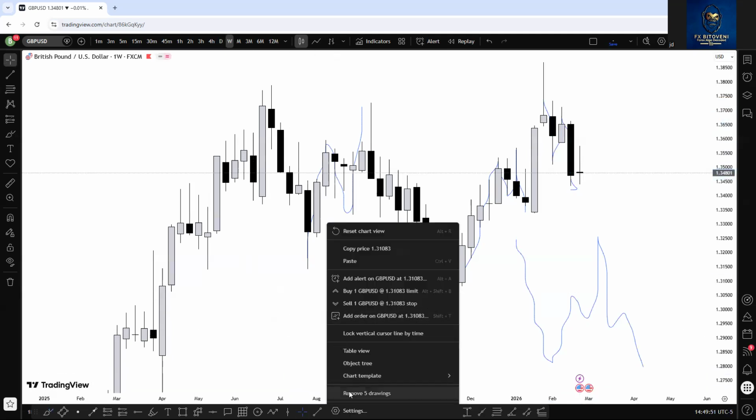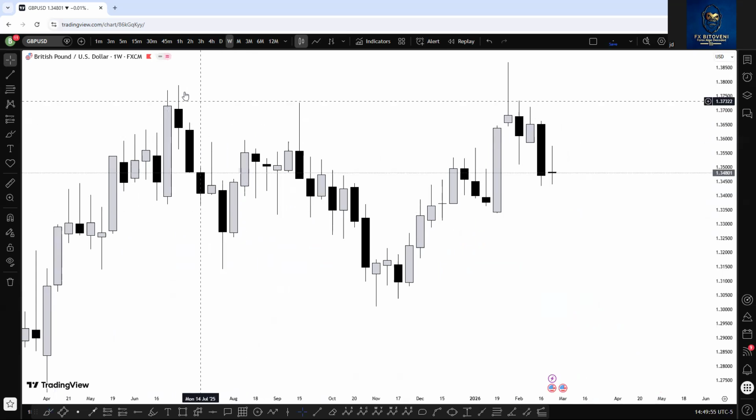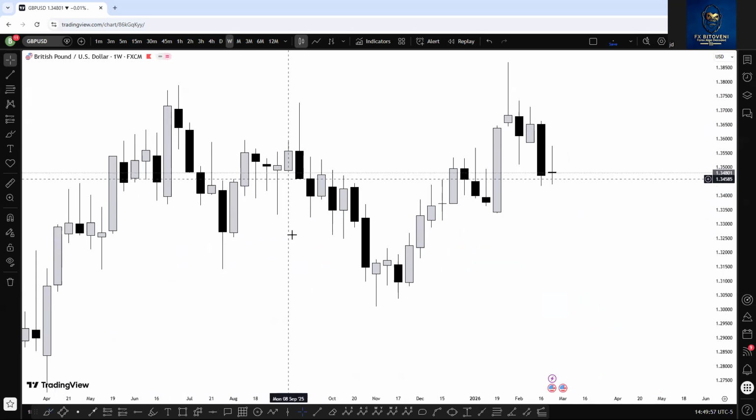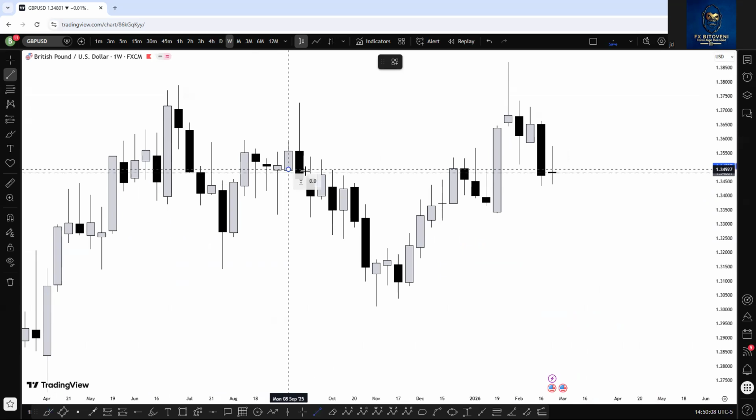Now, once weekly is tested, then we have another weekly zone being created. So this is your weekly key level.